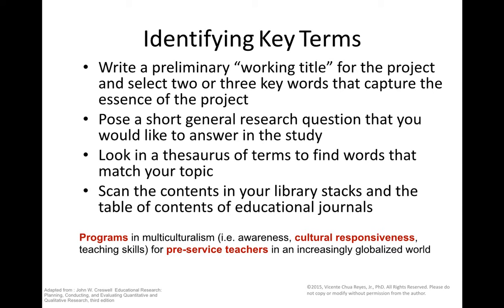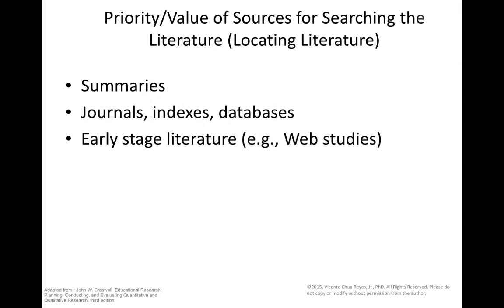For example, when we take a look at programs in multiculturalism, we look at awareness, cultural responsiveness, teaching skills for pre-service teachers in an increasingly globalized world. Here I have highlighted in red the key terms that will enable me to undertake my literature review.